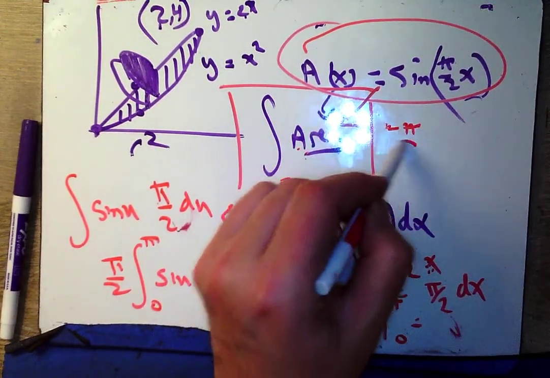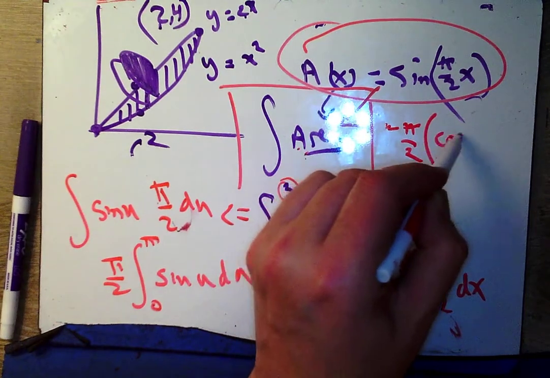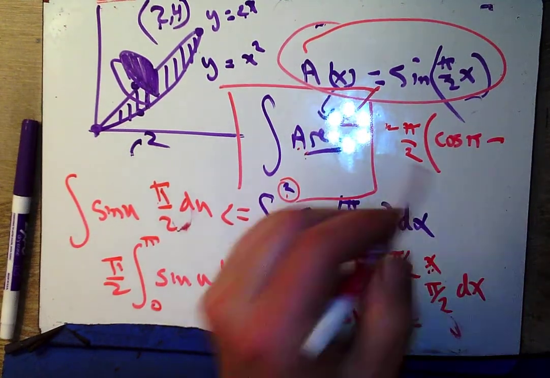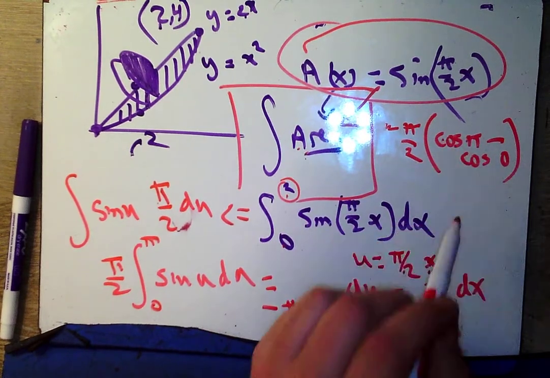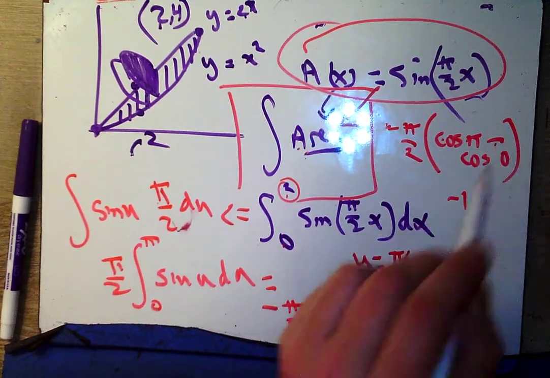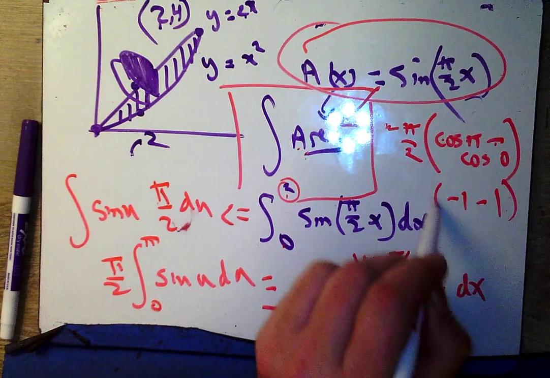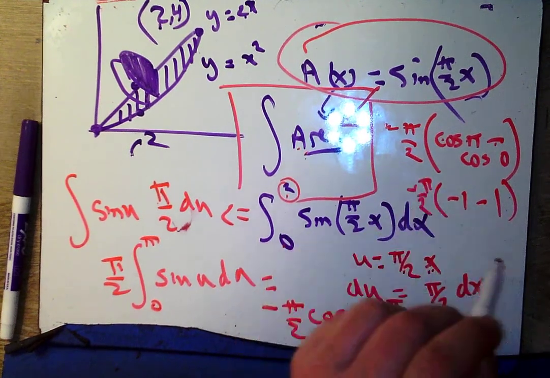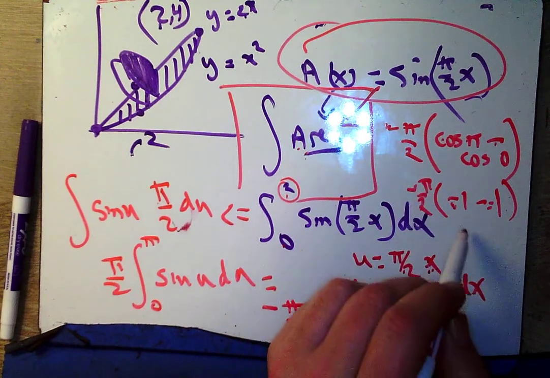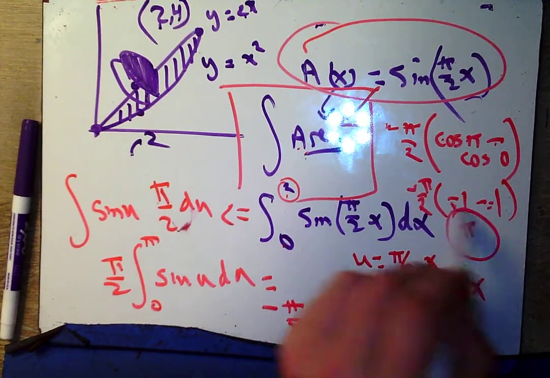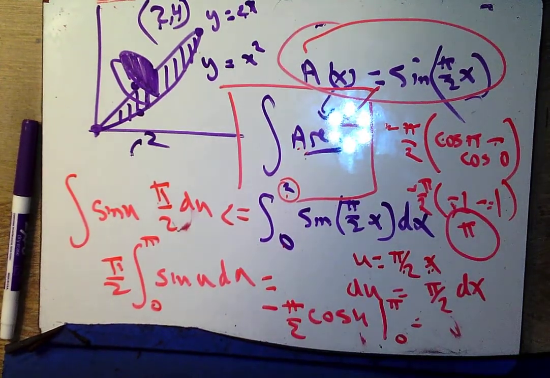So we have negative pi over 2 times cosine of pi minus cosine of 0. Well, cosine of pi is negative 1 minus cosine of 0 is 1, times negative pi over 2. That's going to be negative 2 times negative pi over 2, which is going to be pi. Our volume is pi. Okay, nice and tidy.